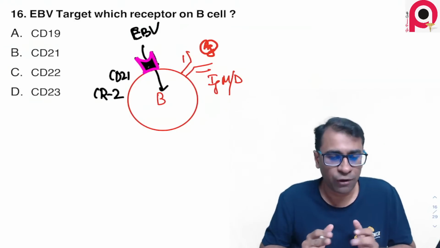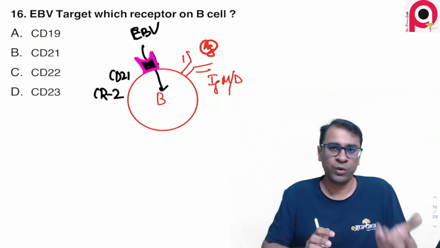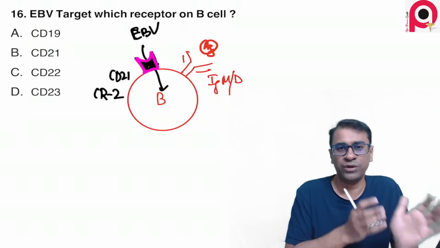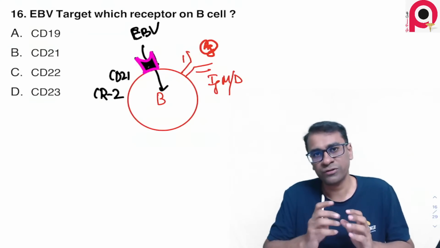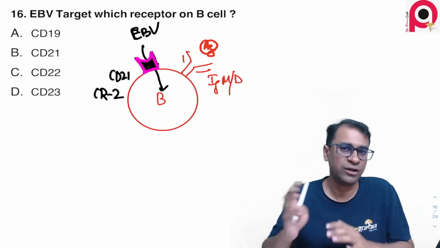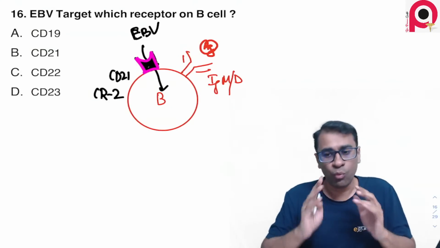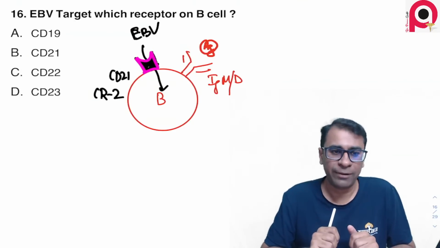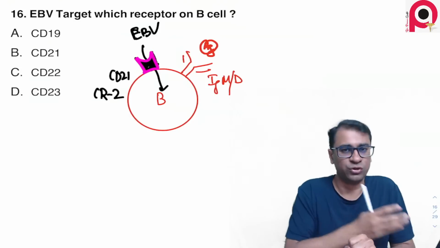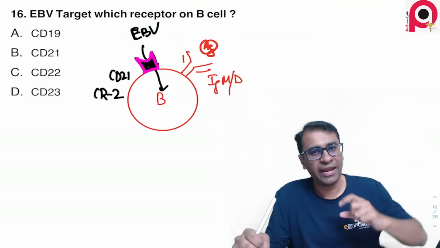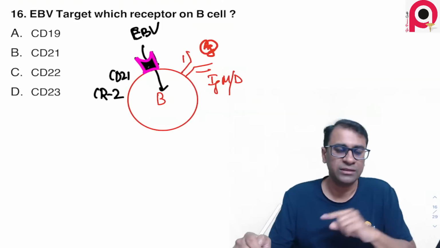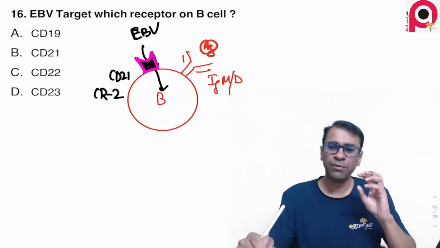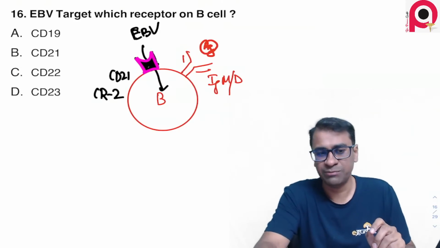A lot of questions came on EBV this time. One question was on proto-oncogenes, which were E6 and E7. One question was on the vaccine strain, which is actually L1 L2. Those are all very important in human papillomavirus and also in Epstein-Barr virus. So two questions came on HPV and one question came on Epstein-Barr virus. That was this one. CD markers are something you must revise before the exam also, guys.